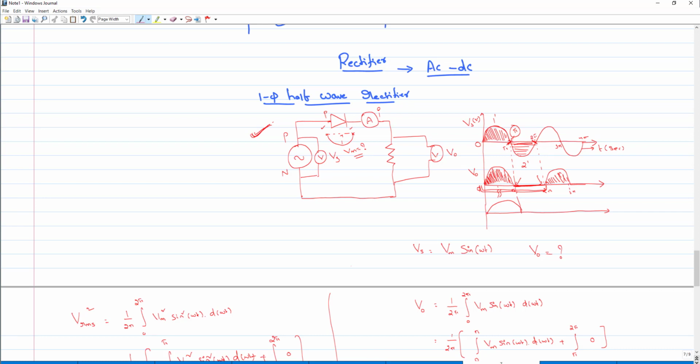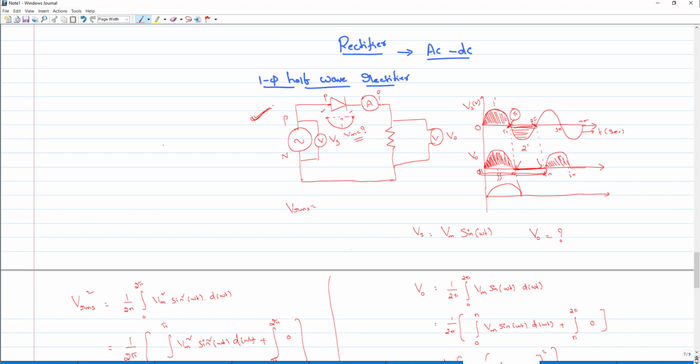From the RMS value, what is the RMS value that we got? Vrms is equal to Vm by 2. So the peak value that we'll see is Vm equal to 2 times the RMS value.